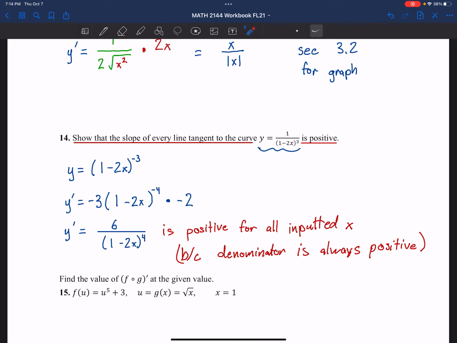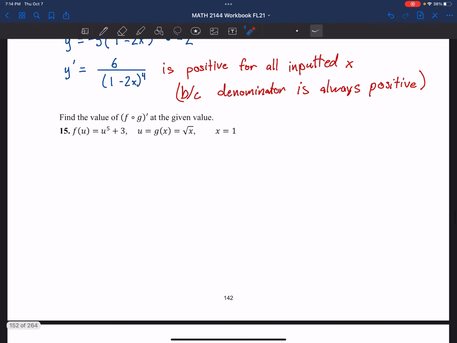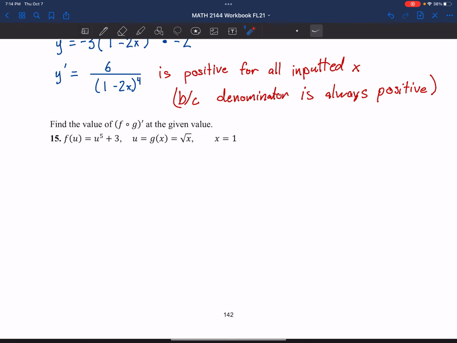Okay, so 15 is one other scenario. This is more of an FYI. You'll see the view and examples explained to do it using that first method we talked about. But if you get this set up, realize it might be worthwhile just to say, okay, here's u and there's u, and u is this function right here.